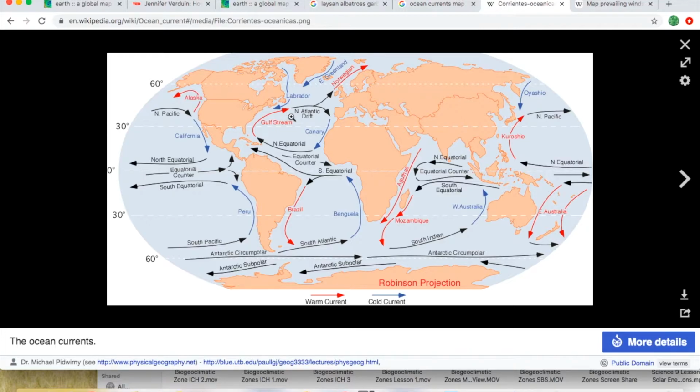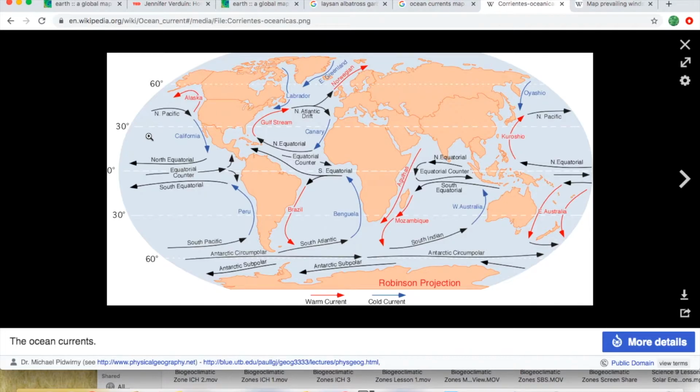What they're actually called is gyres, G-Y-R-E, which basically means a giant spiral. A strange and not very good consequence of that is that the surface of the ocean in the middle of the gyre is not moving very fast, if at all. It can move a little bit, but overall it tends to move a lot less.